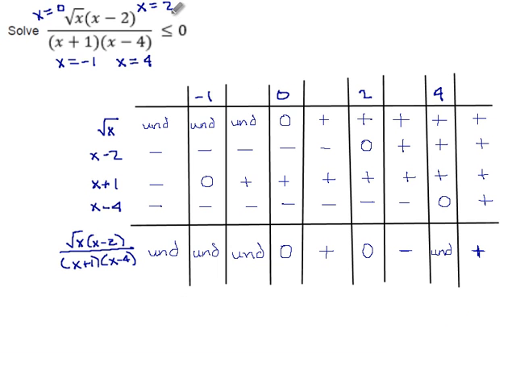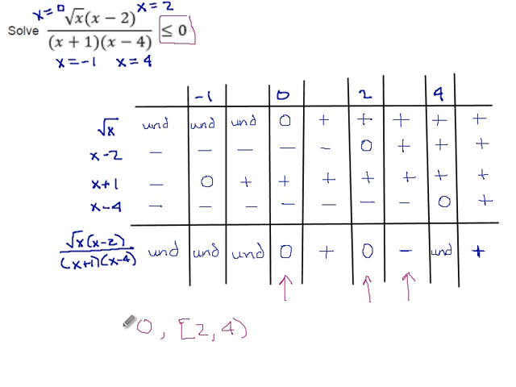And what we've been asked to find is the places where this whole expression is less than or equal to 0, meaning 0 or negative. So there's a spot, there's a spot, there's a spot where it's negative, and that's going to be it. Our solution is going to be 0 and also anything from 2 up to 4. 2 up to, but not including 4.